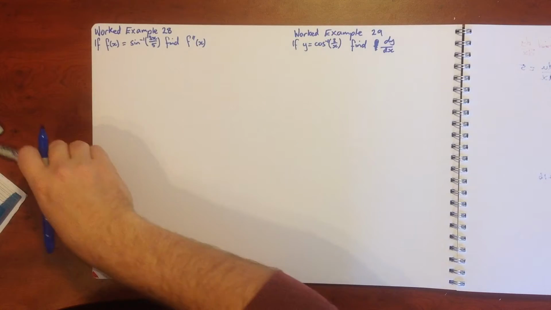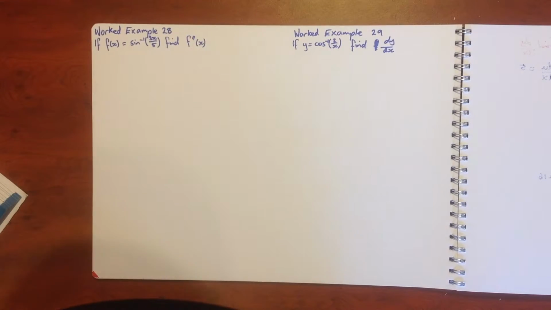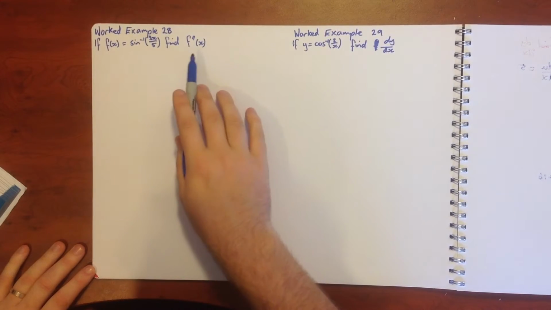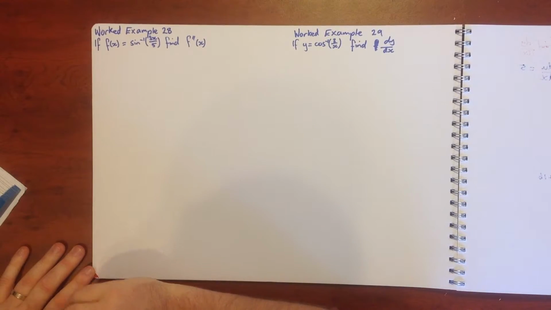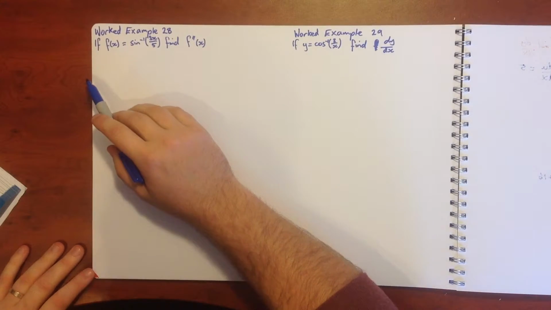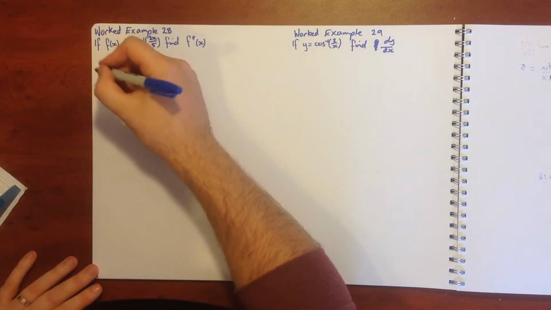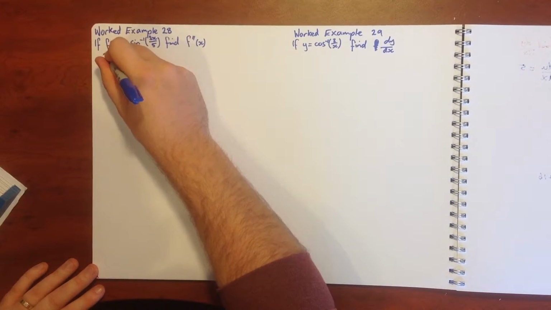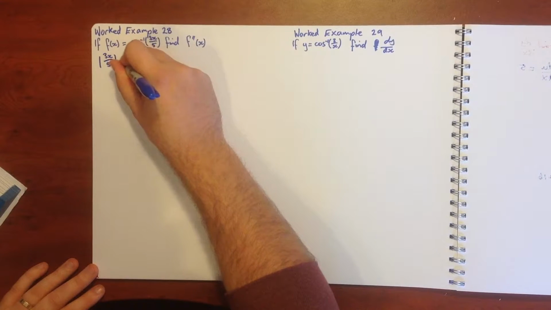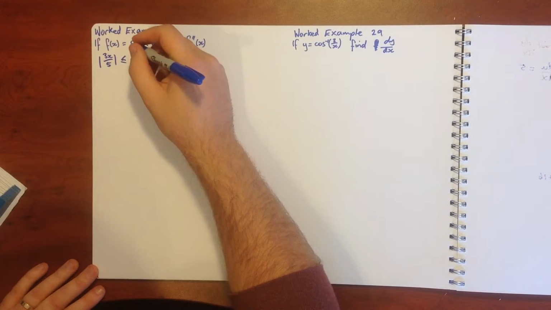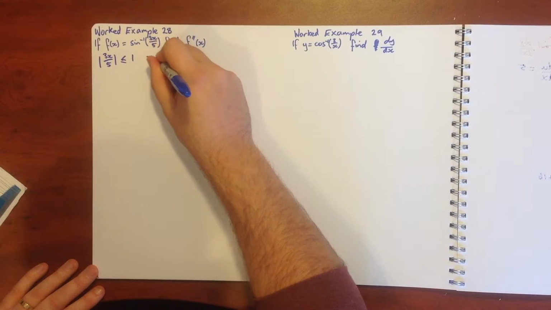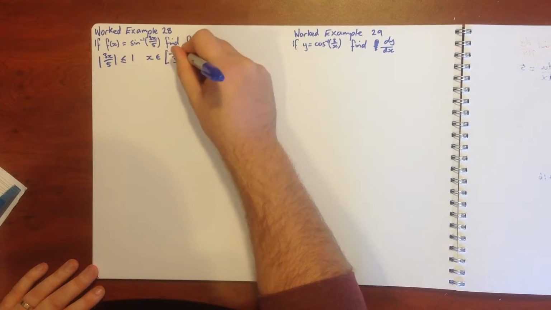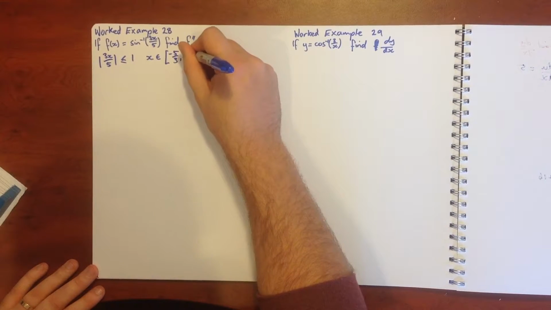Our last two worked examples to have a look at. For this one, we want to find our second derivative, so it's f double dash. We need to start off with our sine one of 3x on 5 less than or equal to 1. So that means that x is an element of minus 5 on 3 to 5 on 3.